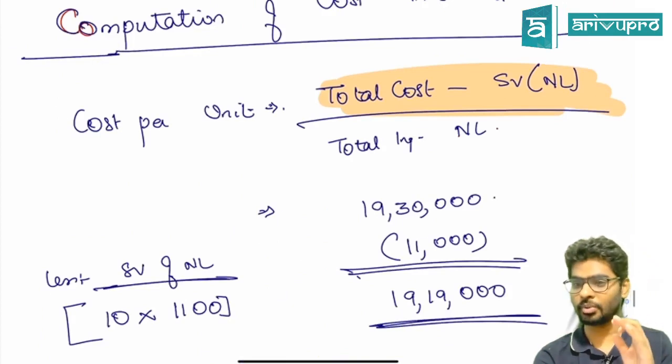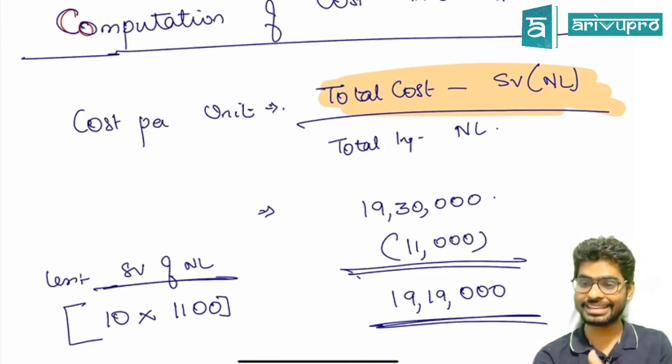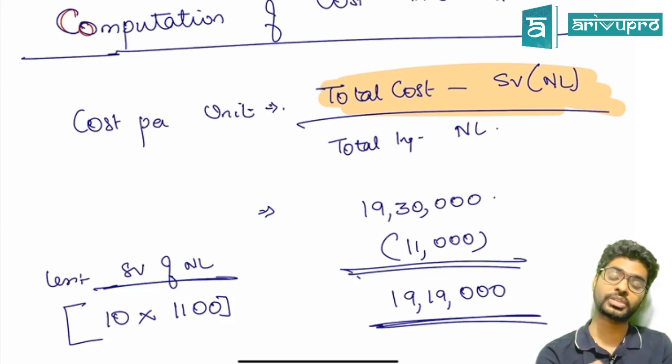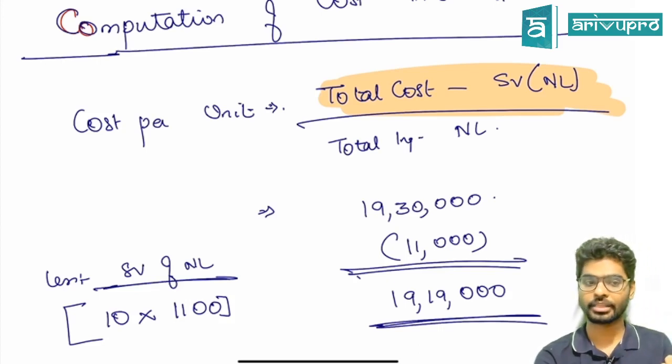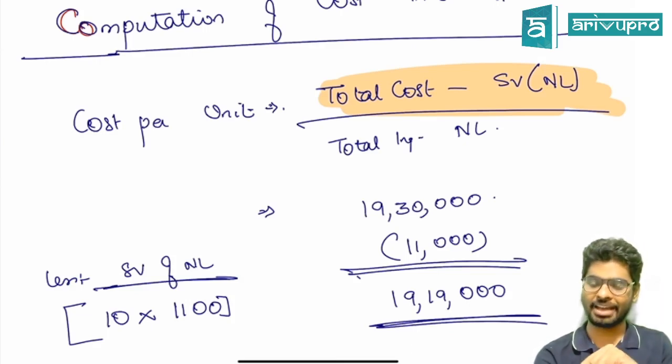Why? Because the cost per unit formula is simple: total cost minus normal loss, divided by the number of units, and the number of units here I shall be taking is going to be the equivalent units which I calculated in step 1. Are you all clear? To find the total cost, if there is a scrap value, I will always reduce the scrap value of the normal loss.